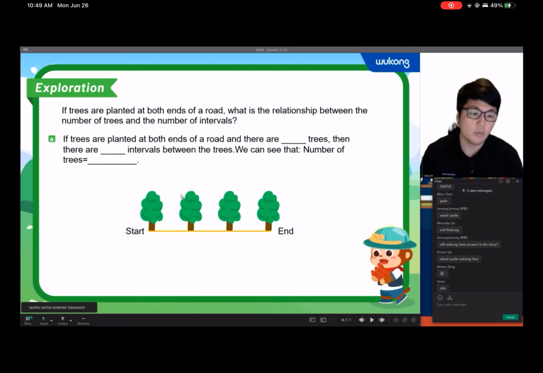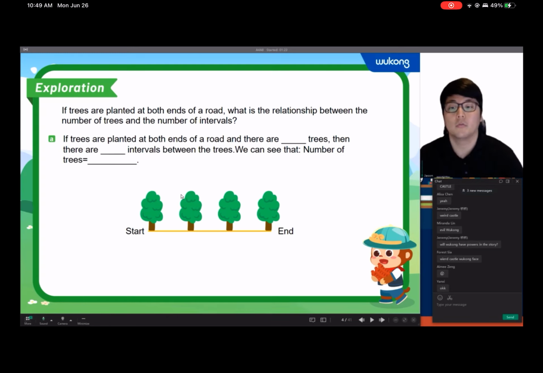is a very important word that you need to know for today's lesson, and that is intervals. Now, what are intervals, guys? What is an interval? An interval is basically spaces. Okay?